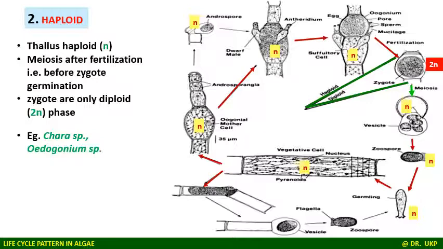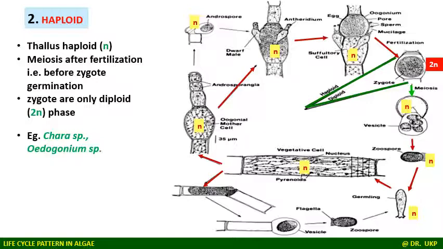Now, after the formation of the zygote, meiosis occurs. When meiosis occurs, the zygote eventually develops into four haploid zoospores, and then the thallus body will grow up. All the parts are haploid except the zygote.